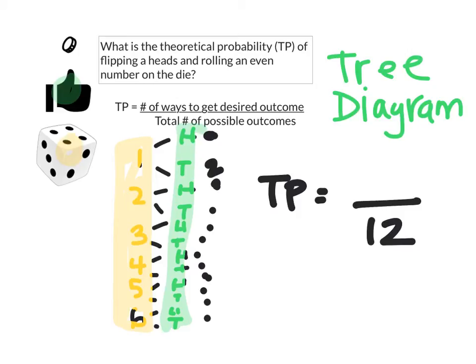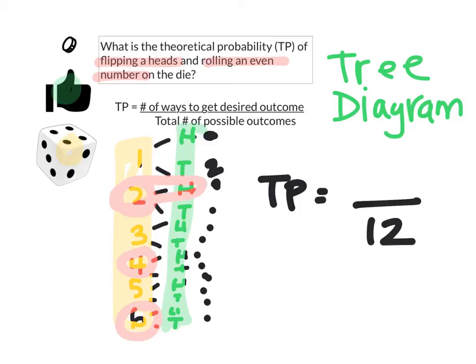Then we need to look for our desired outcomes. So I'm going to highlight that in red. So desired outcomes in this case are flipping heads and rolling an even number. So my even numbers on the die are 2, 4, and 6. With that, I could roll a 2 and a heads.